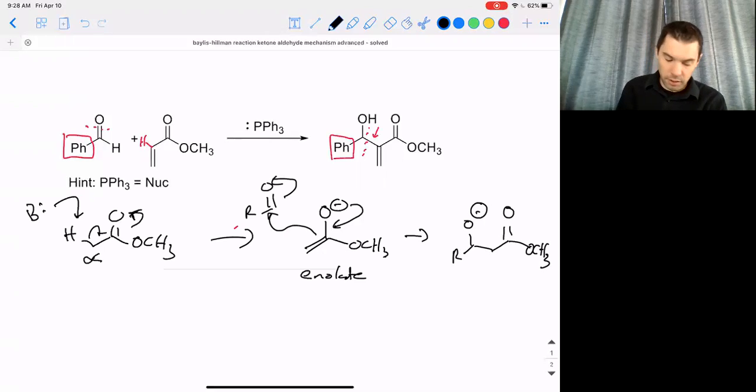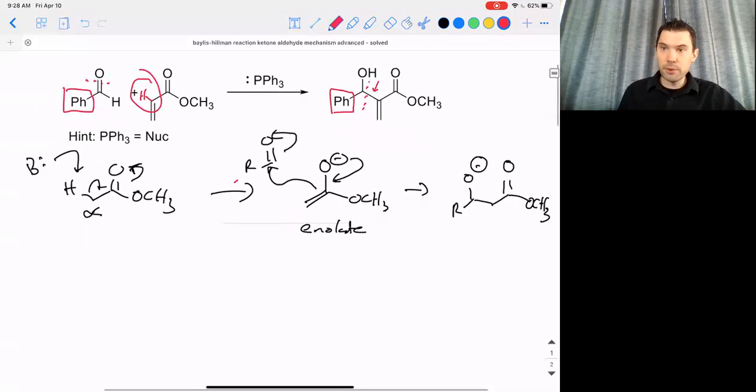The hiccup here is that this H in question is on an sp2 hybridized carbon. To put that a different way, it's part of an alpha-beta unsaturated ester. And if you've watched our other videos on the Professor Carbon channel on identifying acidic alpha H's, and that's under the ketone playlist if you're interested, I pointed out that this is not an acidic H, and so we cannot directly deprotonate there.